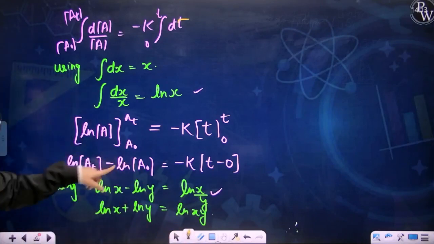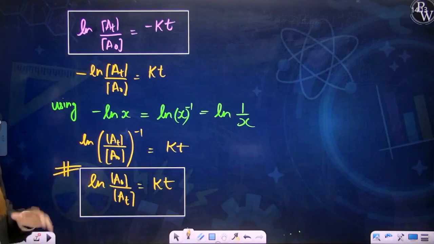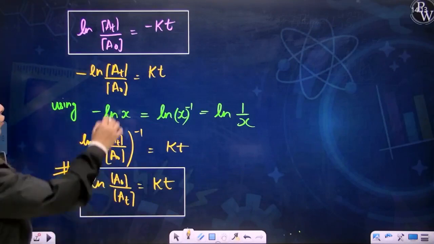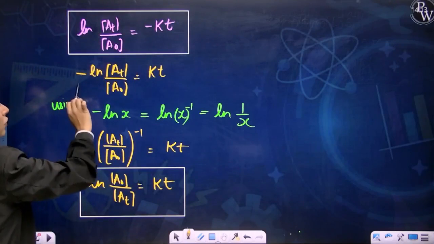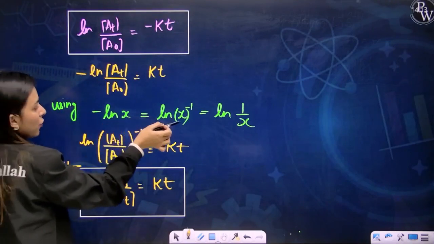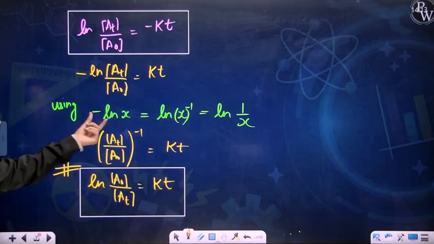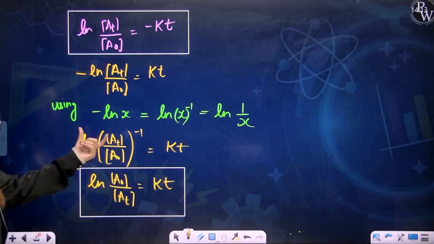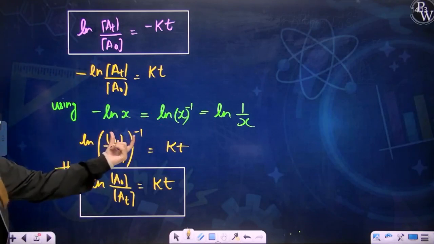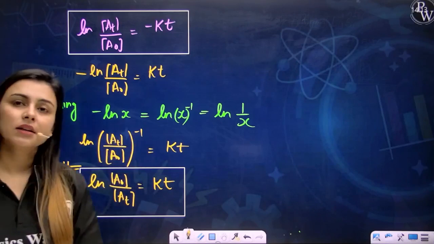Since it was negative, we used this expression and found a relation. Now we incorporated this negative here, and I told you that whenever minus of ln x is written, it means ln of x raised to the power minus 1, which can be written as 1 upon x. This was whole power negative, so obviously this will be reciprocated, and this is the final expression that came out.